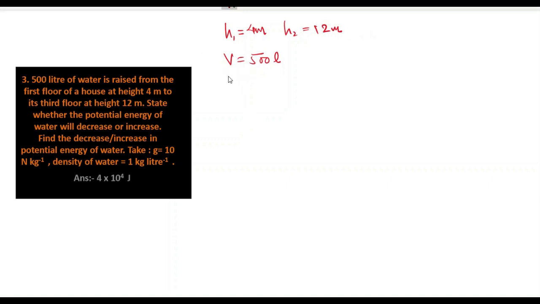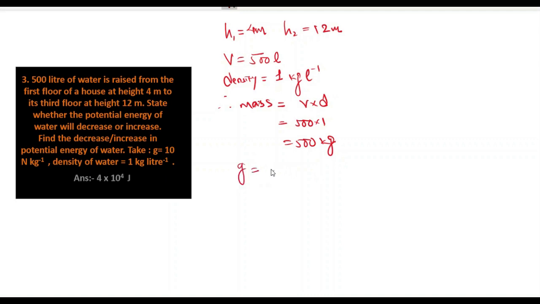Okay, density of water is 1 kg per liter, therefore mass is equal to volume into density, which is 500 into 1, which is 500 kg. Okay, so we have got the mass, we have got the heights. We have been given the value of g as 10 Newton per kg.